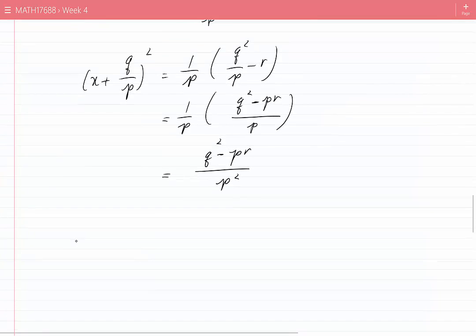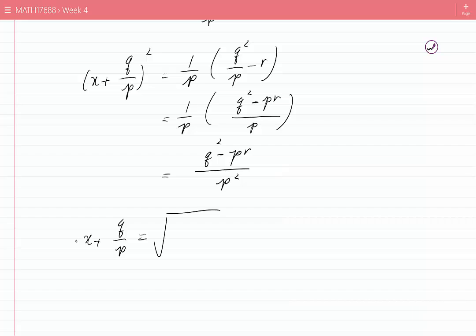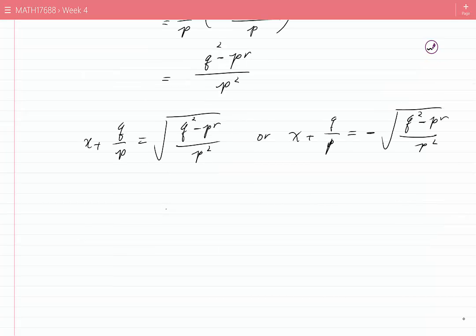Now we can take the root of both sides of this equation. This would lead to x plus q over p being equal to root of (q squared minus pr) over p squared, or x plus q over p being equal to minus root of (q squared minus pr) over p squared. We can solve both of these equations in the following way.